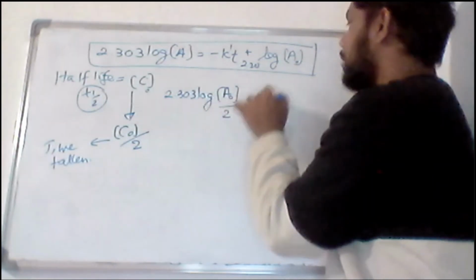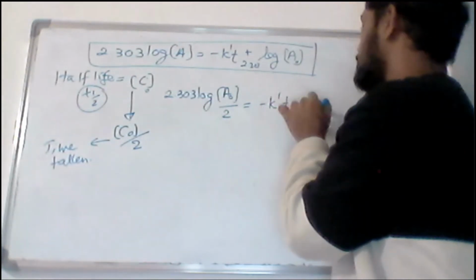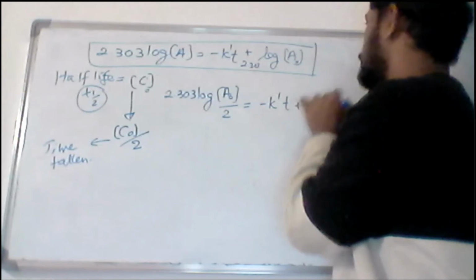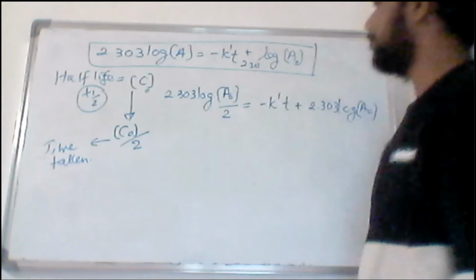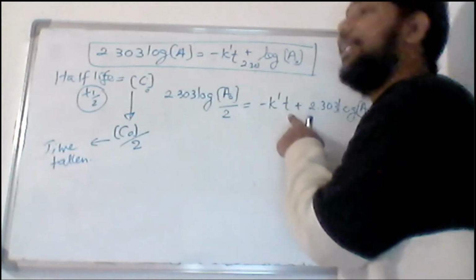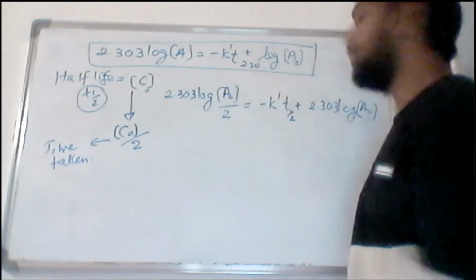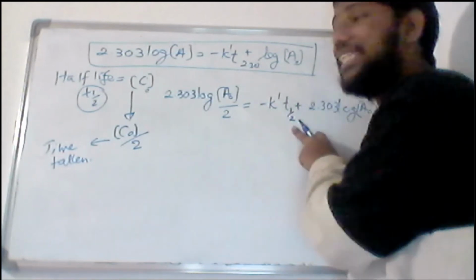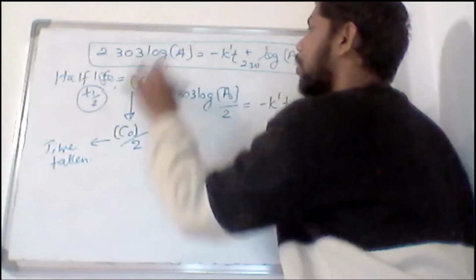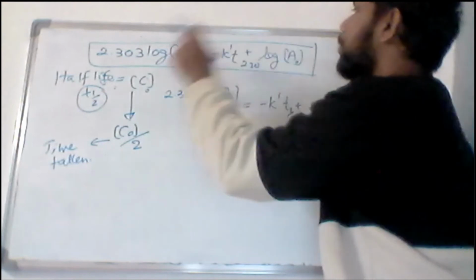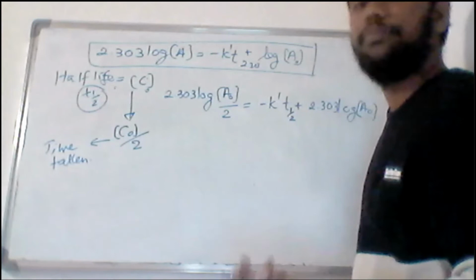And this will be equal to minus k dash t plus 2.303 log A naught, the initial concentration. And for t, you can put T half. Why T half? Because you are considering the concentration change from A naught to A naught by 2, which happens after time T half.